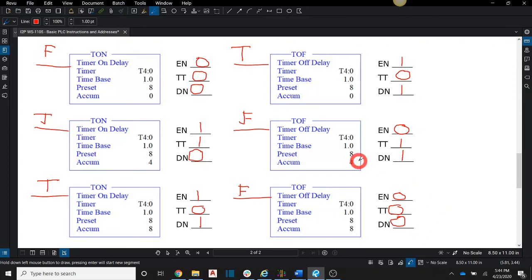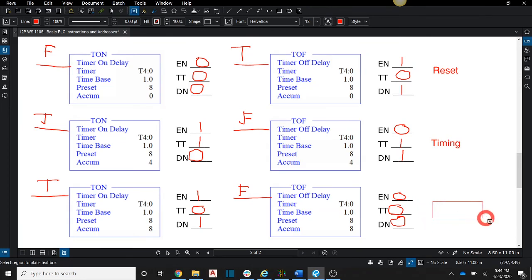Let's examine here, looking across. This state here is called reset. Okay? This state right here is what we call timing. And this state right here is what we call complete.